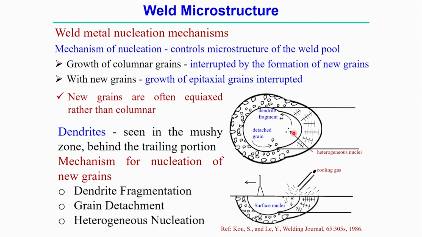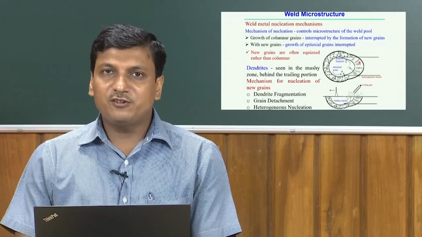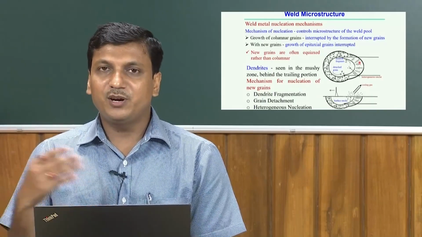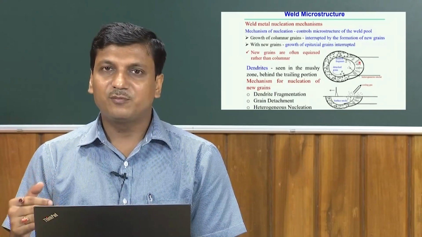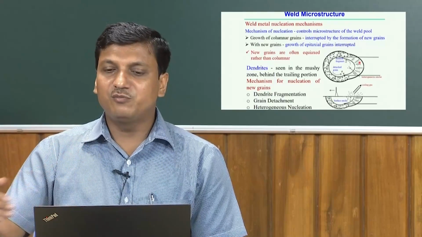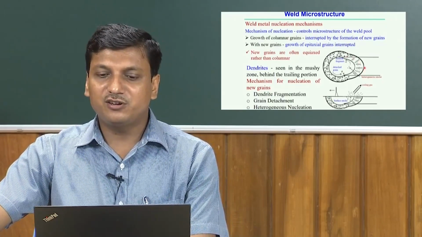On the trailing side, the rear side of the weld pool, dendrites form, and the convective flow of the liquid metal within the weld pool brings about fragmentation of the dendrites.